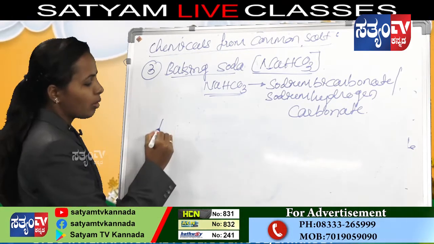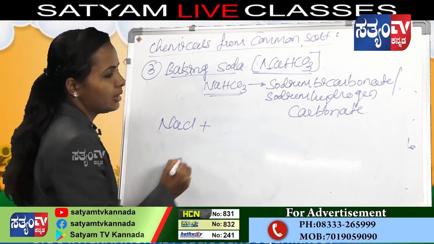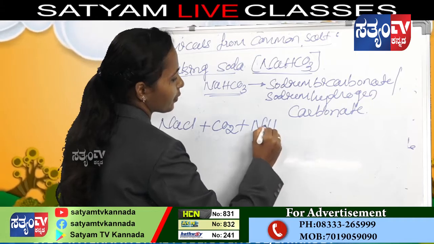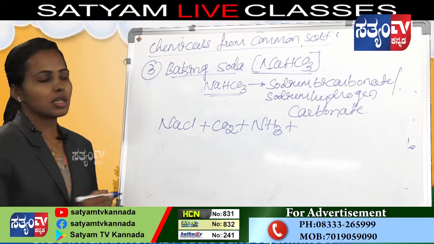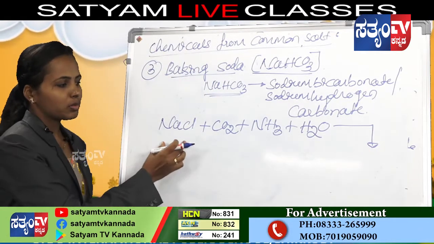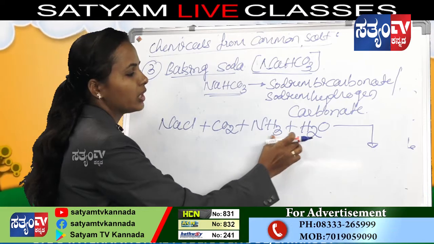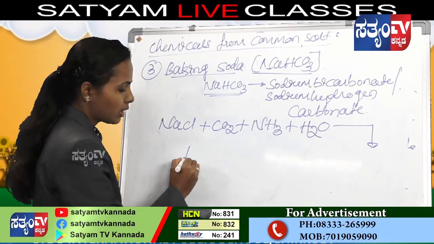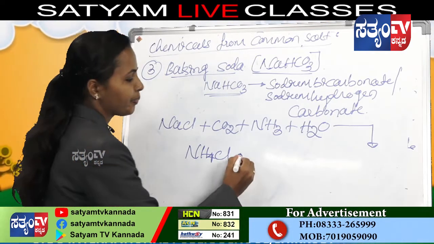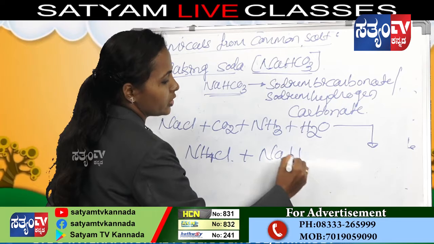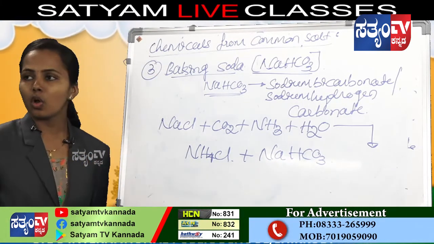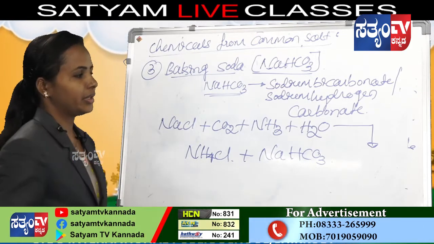And here, when the combination of NaCl plus CO2 plus NH3 plus water, the mixture of sodium chloride, carbon dioxide, ammonia and water, then it gives NH4Cl, which is ammonium chloride, plus NaHCO3, which is sodium bicarbonate or sodium hydrogen carbonate.